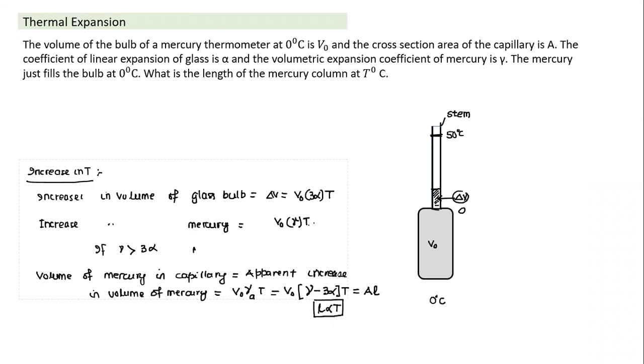In between, if I make 50 divisions, each division will correspond to 1 degree change in temperature. That's the principle behind which a thermometer works. So for any quantity which varies linearly with temperature, we can measure that quantity to measure temperature. So we measure something else which is easier to measure. This is the principle behind it, and we'll come across this topic a little bit later also.